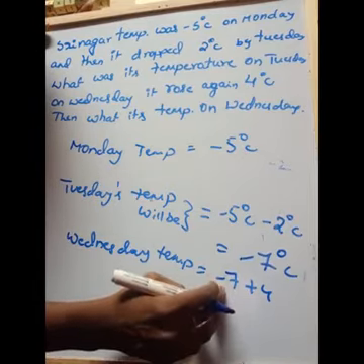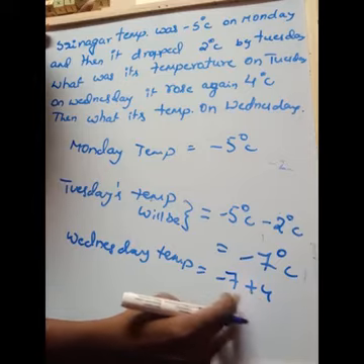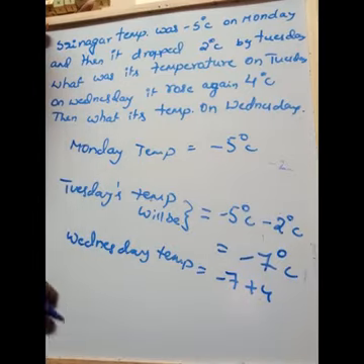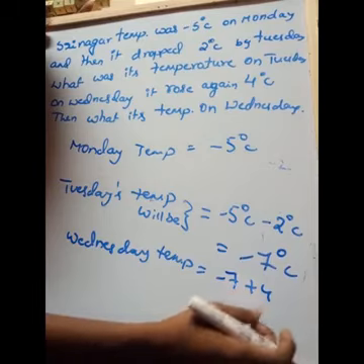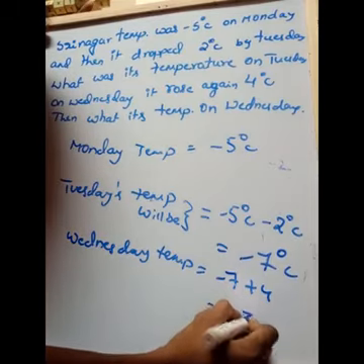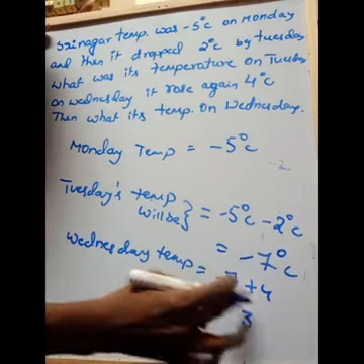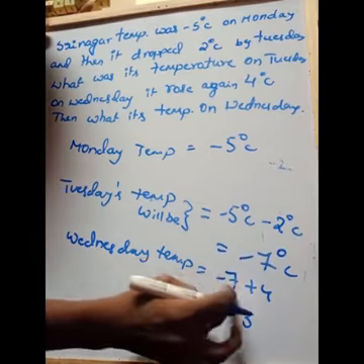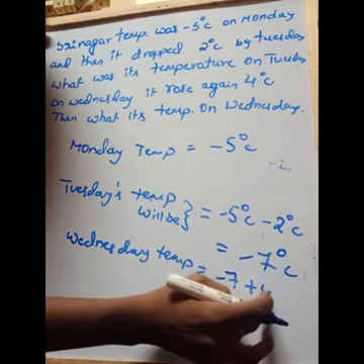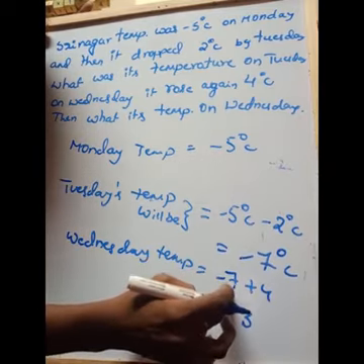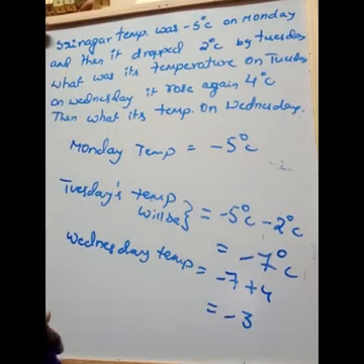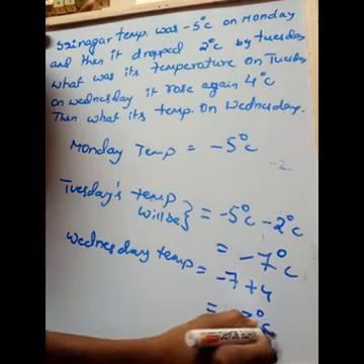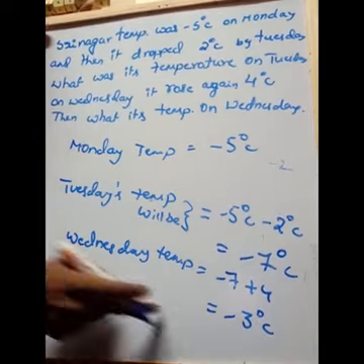This is a negative number and this is a positive number. If one negative number and one positive number is there, subtract the values. What is the difference between 7 and 4? It is 3. And which sign will we give? Which number is bigger, 7 or 4? 7. So what is the sign with 7? Minus. So give the minus sign. So minus 3 degrees is Wednesday's temperature.